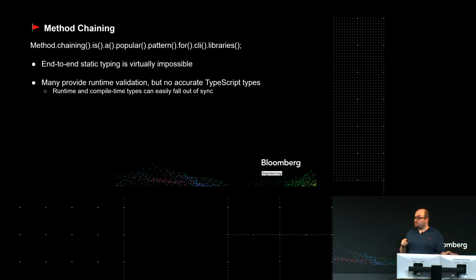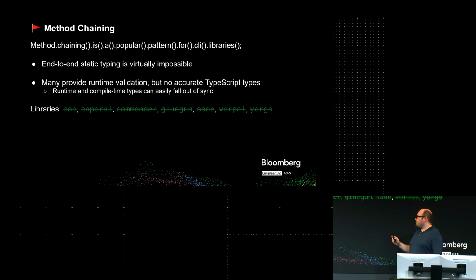Some of them had TypeScript types, but you'd have to define them in one place and make sure that it matched somewhere else. This means that it could easily fall out of sync, and you'd have to make sure that the types actually matched. So off the bat, this kind of eliminates these libraries from consideration. Or not necessarily eliminates them, but we wanted to look past them and see if there was anything else.